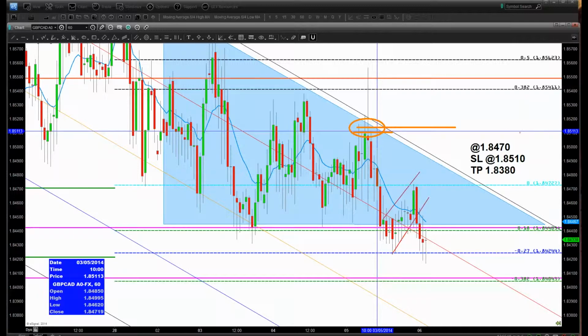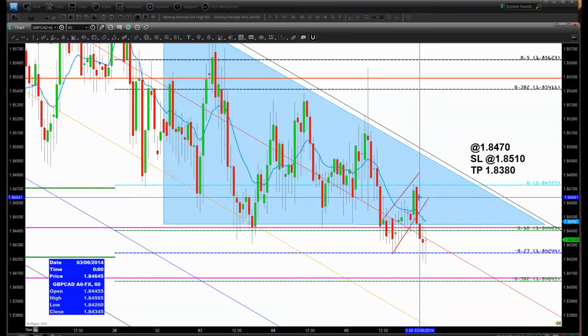So I sent you 185.10 as your stop, just in case they break through it and go north. You don't know if they are going to bounce off the bottom of the wedge, take it to the top of the channel, and keep going north. I don't know that. One thing I know is that I will identify my bear flags, which I already did.